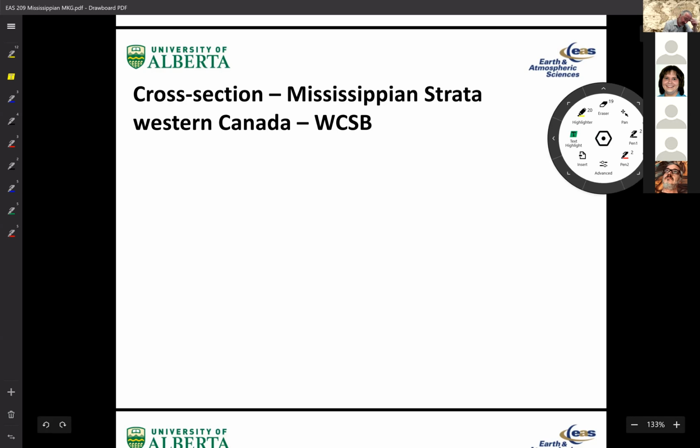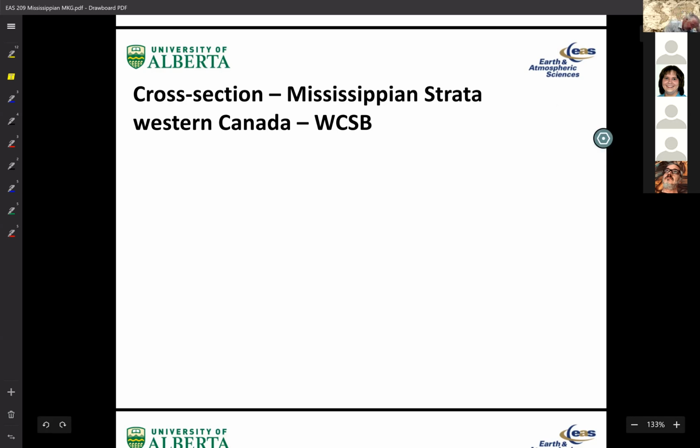So let's start down there. We're going to start in the Devonian. And we're going to start with the Palliser formation.